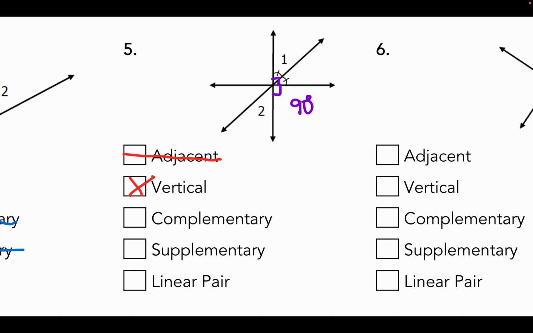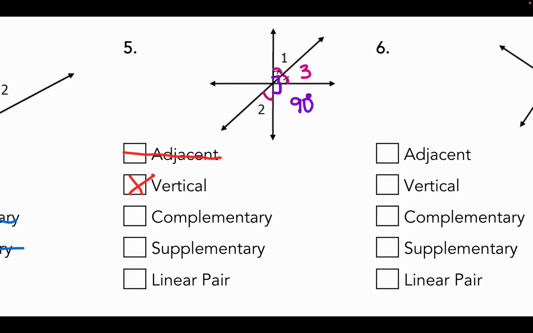So because we have those two 90 degrees, and all of these congruency arcs, if angles 1 and 3 are complementary, then angles 1 and angles 2 are also complementary. And because they're complementary, they are not going to be supplementary, and they don't form lines, so they're not a linear pair.